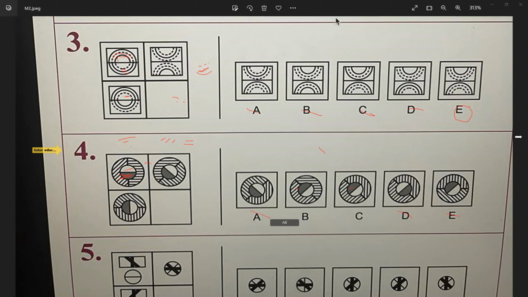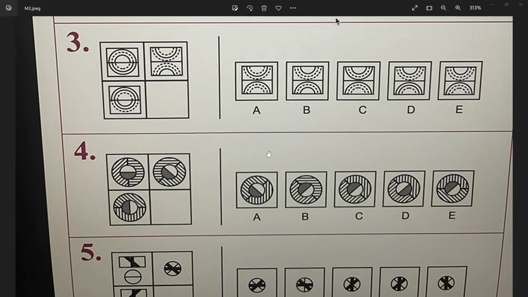Also on the right side would be the diagonal shading and on the left would be the horizontal. It's going down, so I don't think it's B since here the shading is incorrect. It's going up and it's supposed to be going down. Is the answer C? Exactly, that is right. The answer is C.